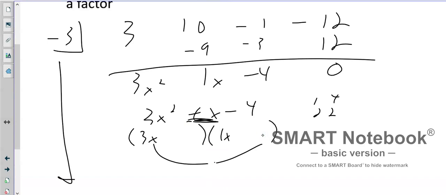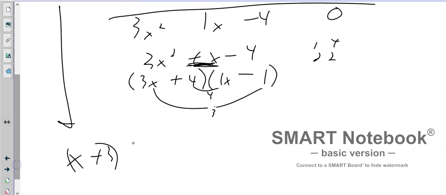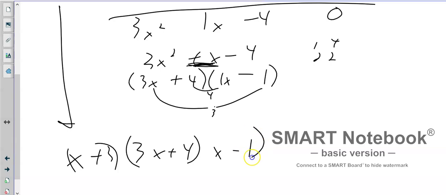I'm going to go with 1 and 4. Now, looking ahead, I don't want to get 12, so I'm going to put the 4 here and the 1 here. This is 4. That's 3. 4 minus 3 is 1. I want more positives. Okay, so I want this to be positive, that to be negative. So 3x plus 4, x minus 1.